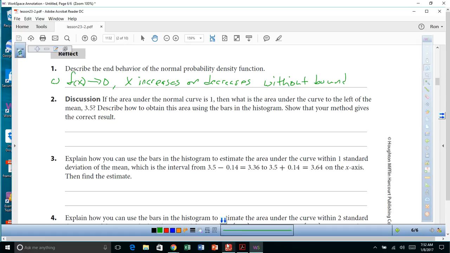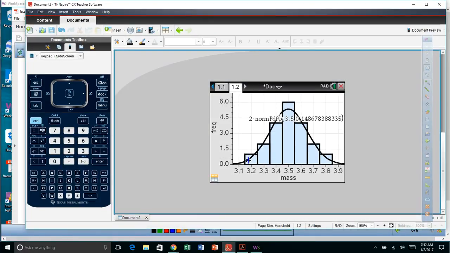And we'll go back and look at that. Okay, so as x goes out this way here, y gets closer and closer to 0. It never touches, but it gets closer and closer. Same thing as x goes way out here, it does the same thing.